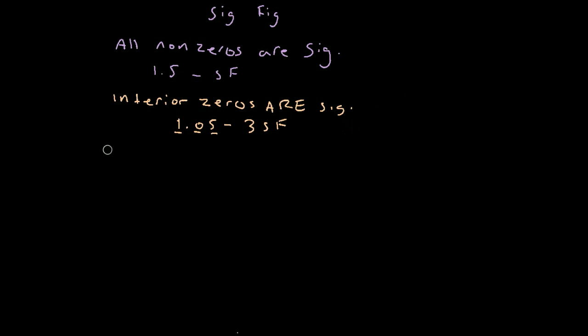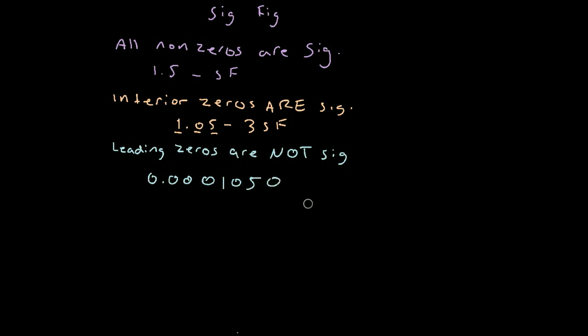Next rule: leading zeros are not significant. So, for instance, if we were to take 0.1050, this would have four significant figures: 1, 2, 3, 4.